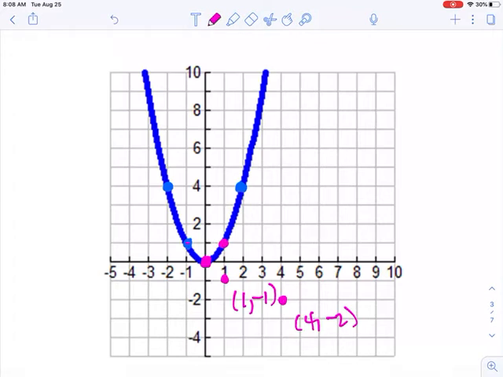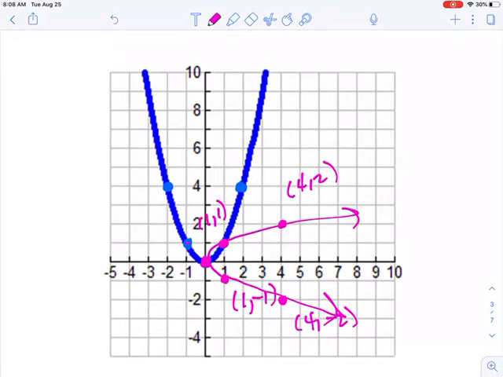If I switch the x's and y's, it becomes 4, negative 2. This coordinate right here is 1, 1. If I switch x's and y's, it stays as 1, 1. And then this coordinate right here is 2, 4. If I switch x and y, it becomes 4, 2.